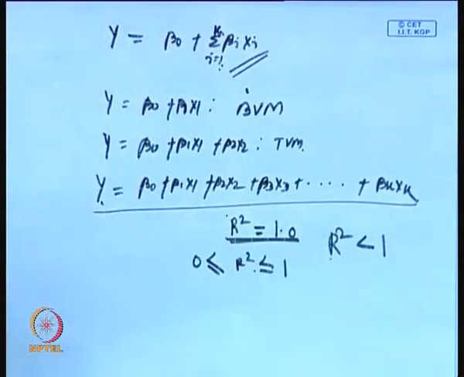But when you calculate simple correlations, like Rx1x4, these are all simple correlation coefficients that can be negative or positive. But when we go for R square, it cannot be negative, so it will be 0, 1, or in between 0 and 1.